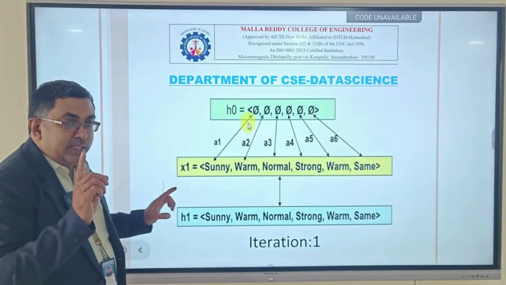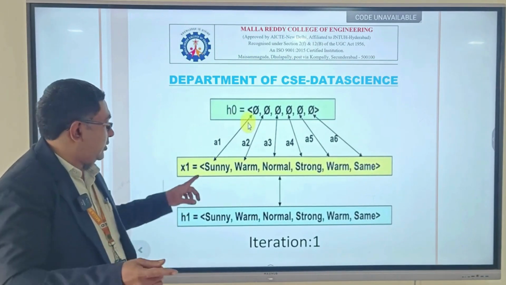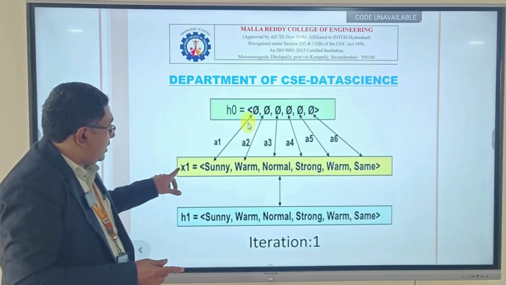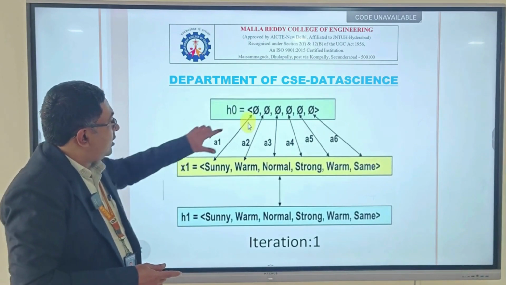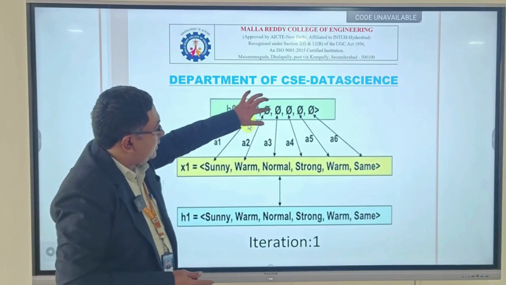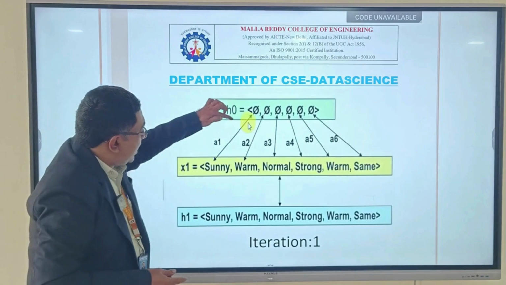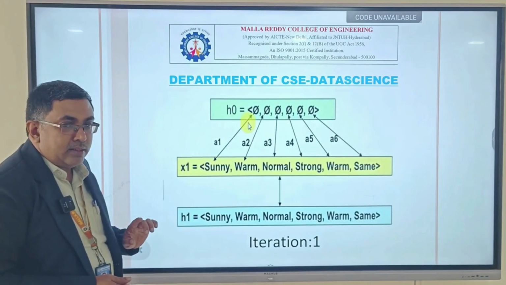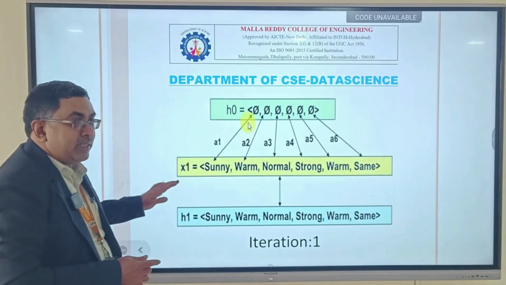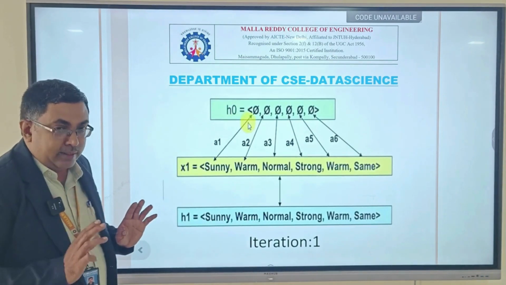I have taken the first training example, which is positive, since the target concept is positive. So I have considered it for evaluation, and it is noted as X1. I am comparing the null symbol with sunny, the null symbol with warm, the null symbol with normal, and so on. It is not matched with sunny, so I replace it with the specific value as the next hypothesis for the level 2 iteration.